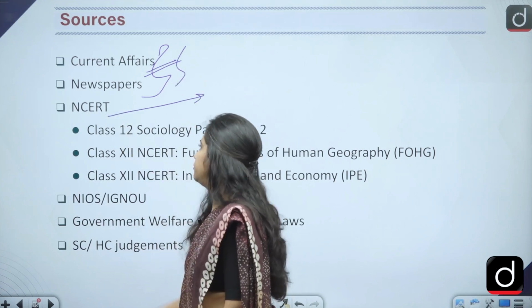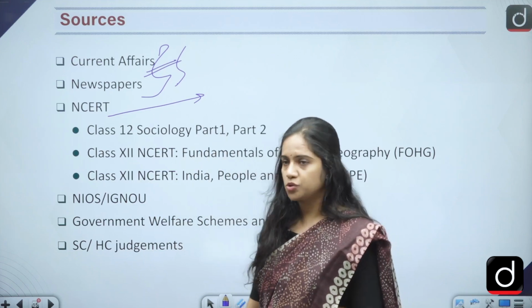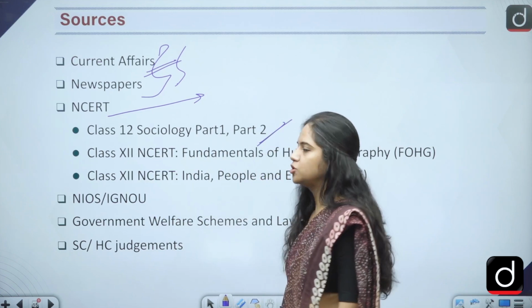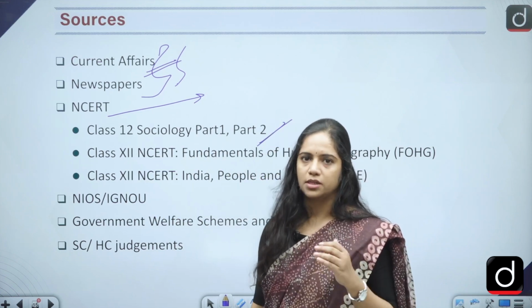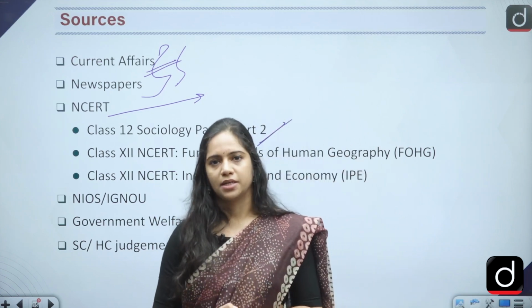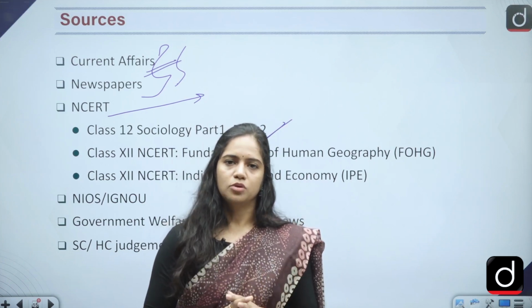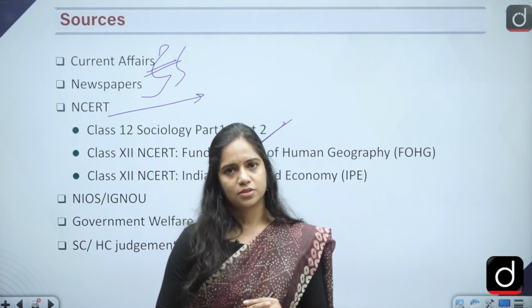Then NCERT for Indian society, I would ask you to read class 12 sociology part 1 and part 2, which caters to Indian society. I'm not even asking you to read class 11. Just read class 12. In two parts the books are there for Indian society.